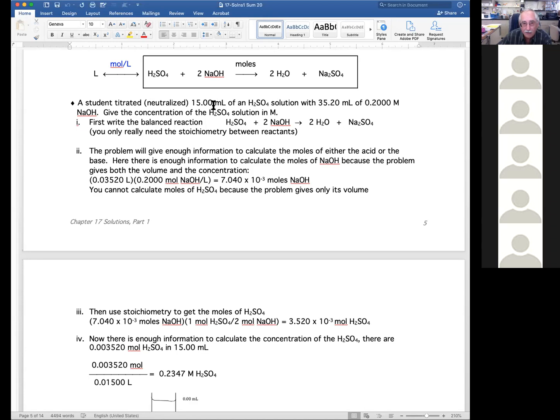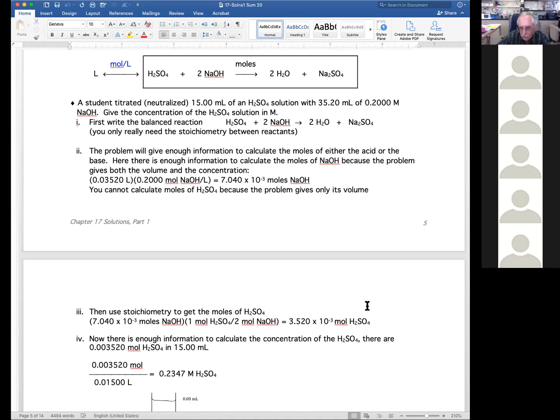So I'm going to do that. I'm out here, I'm going to go in here by one conversion factor. So I convert volume into moles, right? So there's the moles of sodium hydroxide. I'm in here now. How do I get here? I use stoichiometry. So I got this many moles of sodium hydroxide, but the stoichiometry tells me that there's 1 mole of sulfuric acid for every 2 moles of hydroxide.